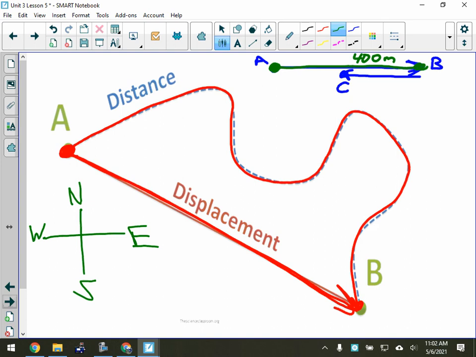And then I decided, okay, well, we got to Bobby Joe's house, but now we want to go pick up Conrad for a little PS4 session here at Conrad's house, and that's, let's say, 100 meters. I know that's not quite the scale there, I get that. The distance in this case would be 500 meters. So this is kind of how far you would walk. This would be 500 meters, okay?